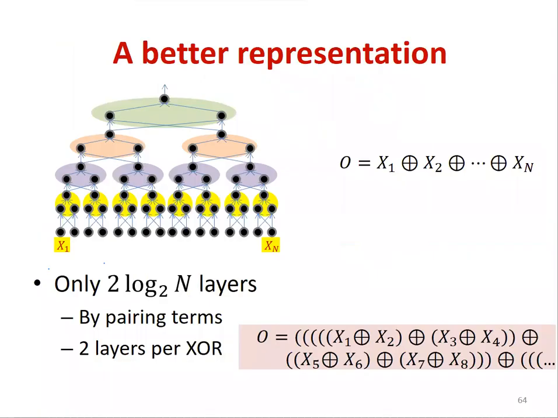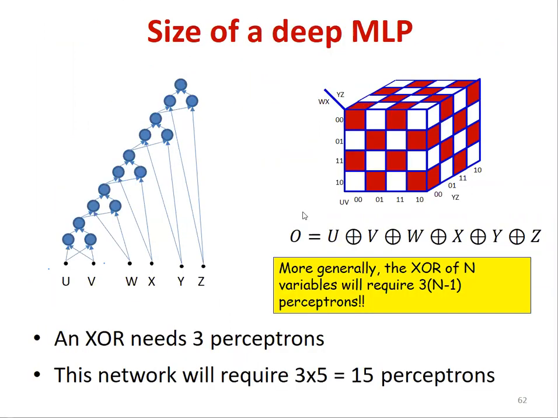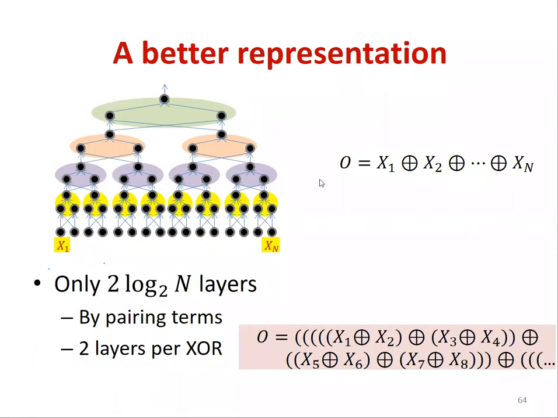For this, remember that XORs are associative, right? So I don't need to build a network like this. I can begin grouping things. Much lower computation, right? And much smaller circuits. So I can XOR the first pair, the second pair, the third pair, the fourth pair. So I can XOR all of my inputs pairwise. Then I can XOR their results pairwise, and then I can XOR their results pairwise, and then I can finally XOR whatever remains.